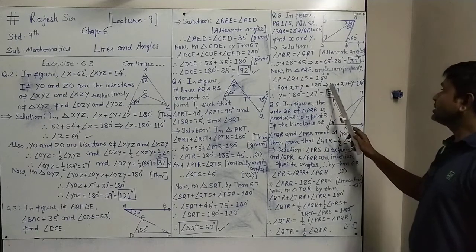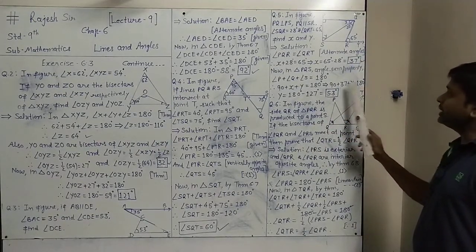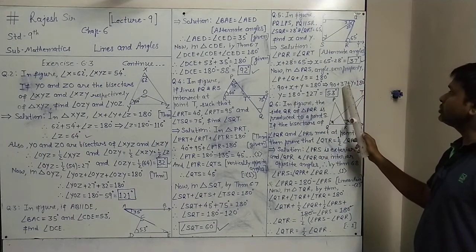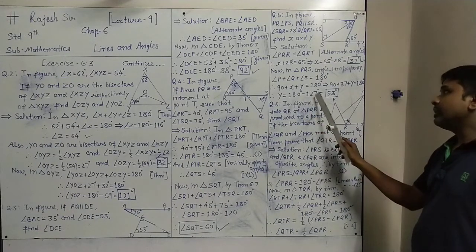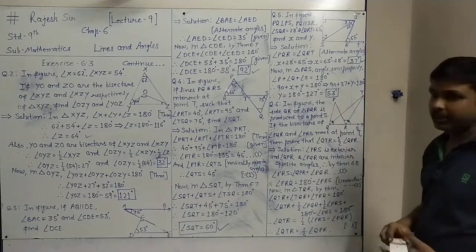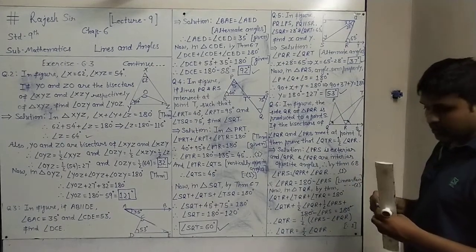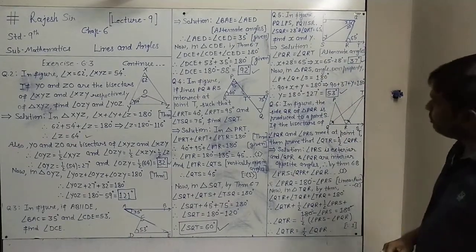So 90 plus 37 plus Y equals 180. So Y equals 180 minus the sum of these two, 90 and 37, which is 127. 180 minus 127 gives 53 degrees. So Y equals 53 degrees. This way we get both X and Y values in question number 5.